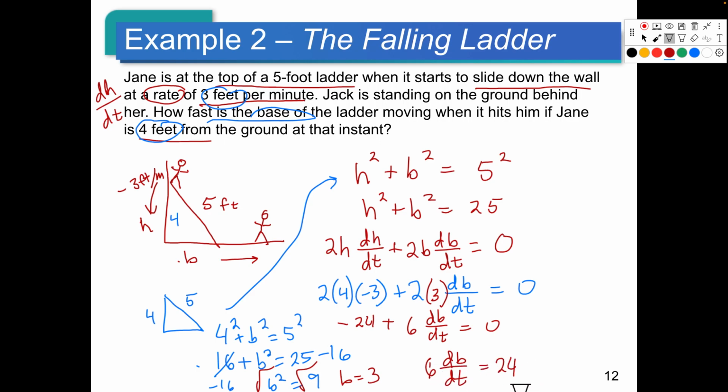And then we divide both sides by 6. So dB dt is 24 divided by 6, which is 4, right?